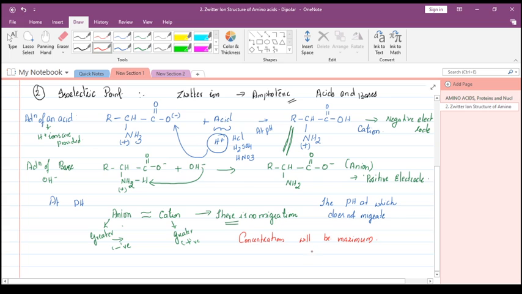For example, for glycine it is 6.1, phenylalanine 5.5, glutamic acid 3.2. Alanine, glycine and glutamic acid are all different.